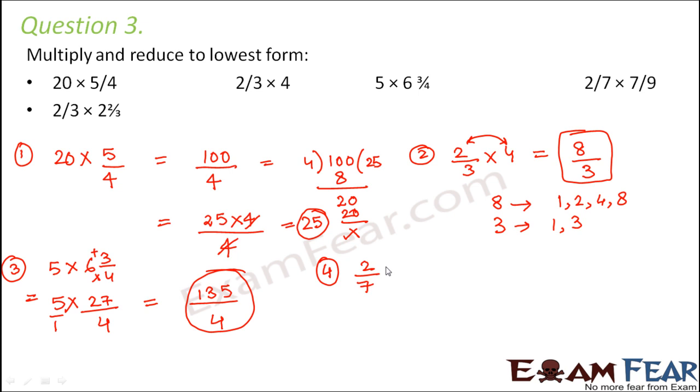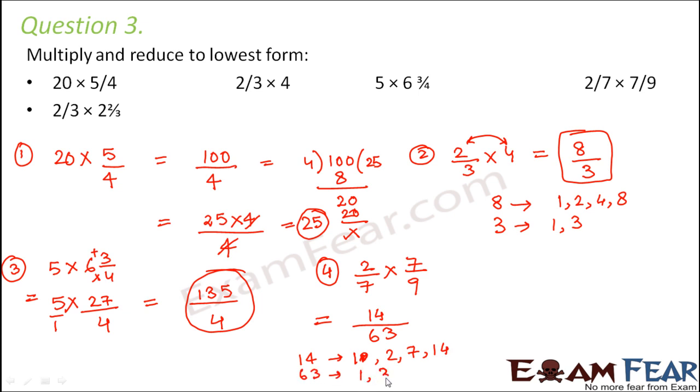Question number 4, that is 2 by 7 into 7 by 9. So in this case we will do the same. 2 into 7 is 14 and 9 into 7 is 63. So here let us find the common factors. 14 common factor would be 1, 2, 7, 14. And what about 63?